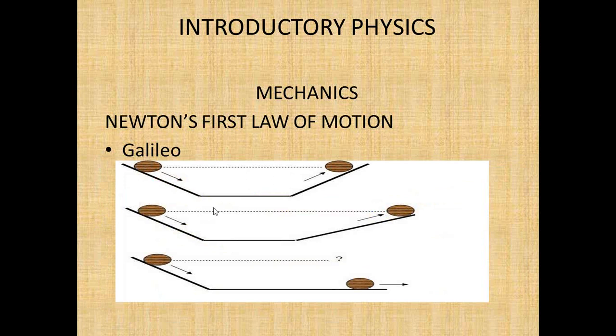And again, if this inclination is the same as this inclination, then it's going to travel the same height. If this inclination is different, okay. So when we say inclination, this angle to horizontal is the same as this angle. It's going to travel up this side the same height.